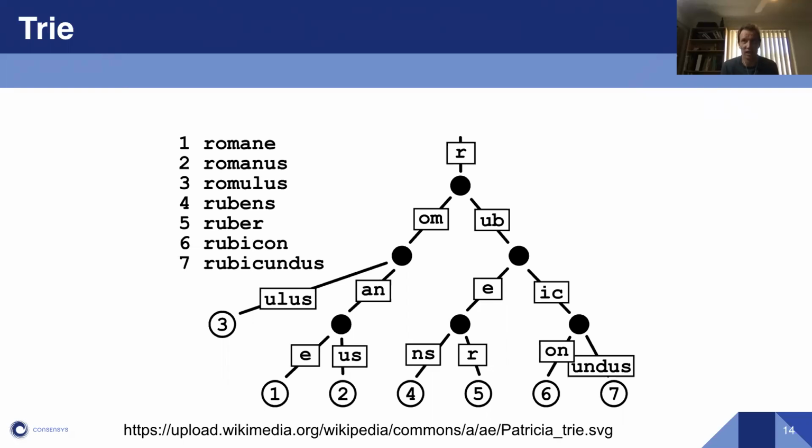And so instead of having to store the whole word Romain, Romanus, Romulus, it's able to just store the shared paths through that and the end final nodes.